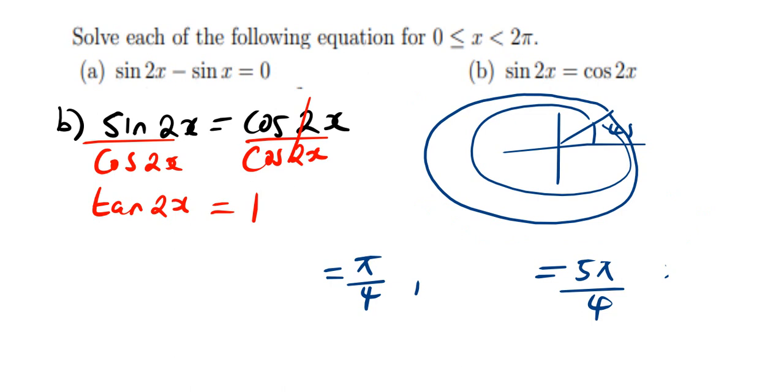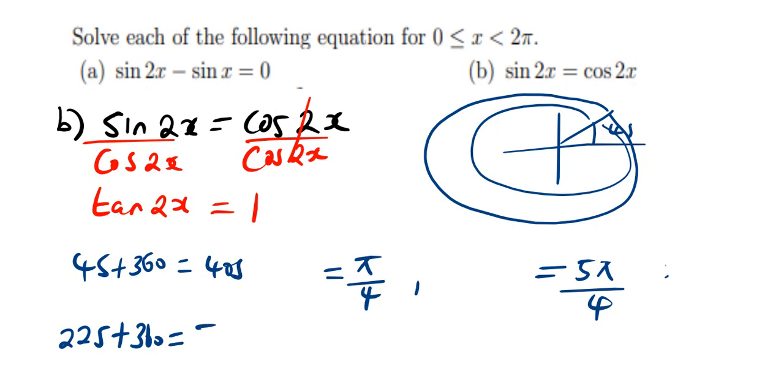So to these 2 answers we have to add 360 to each. We had the 45, which is pi over 4, so let's add 360. And we had the 225, so we're also supposed to add 360. 45 plus 360 is 405. 225 plus 360 is 585.